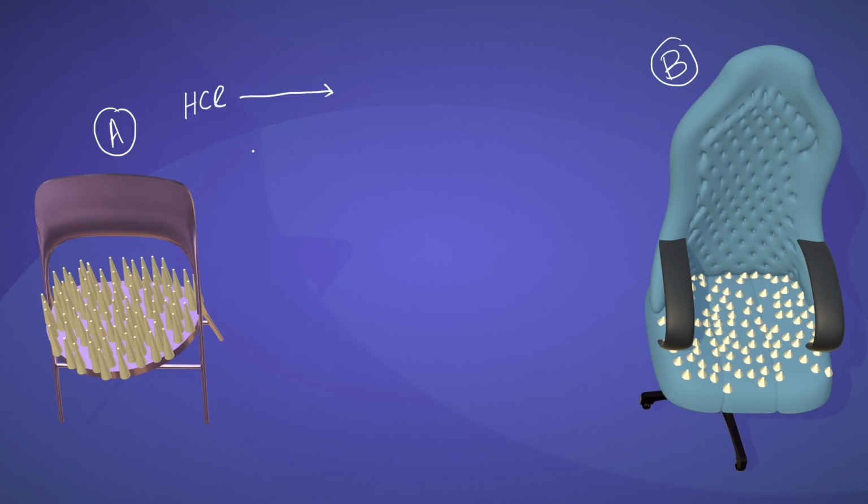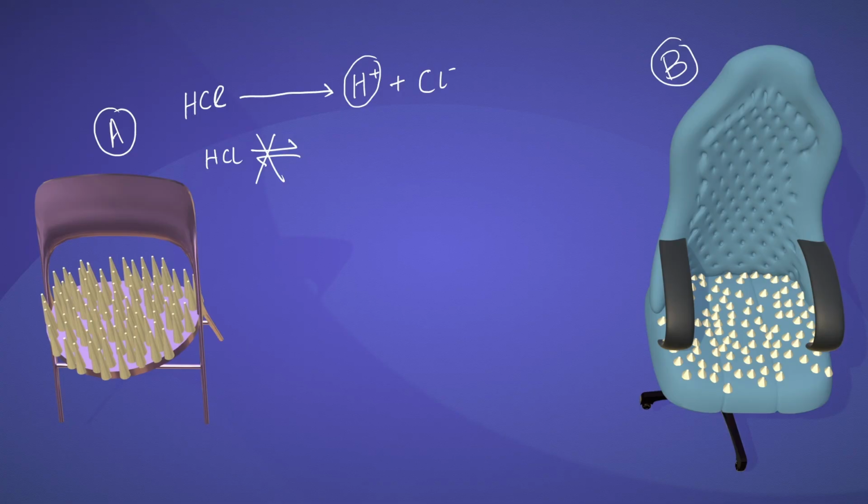We do not write it like this. This is irreversible. So HCl will only go in this direction. Even when there is lots of H positive, it cannot go back in the reversible direction in a significant amount, right?